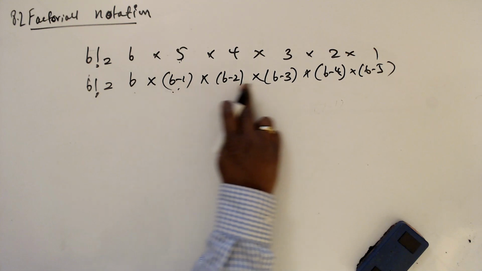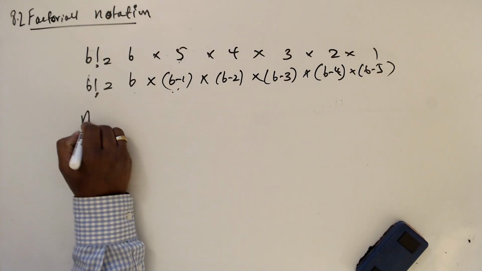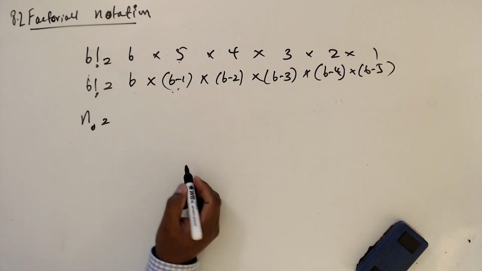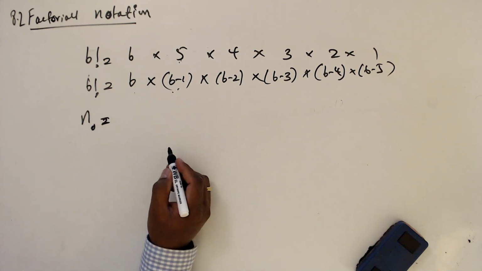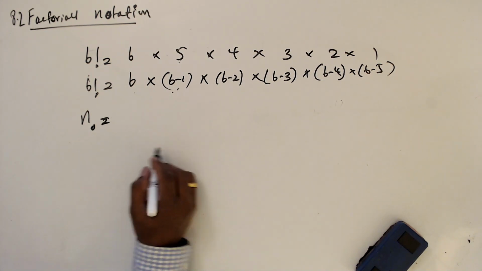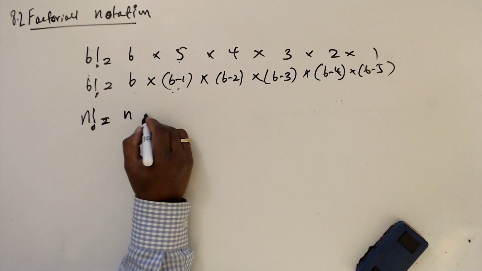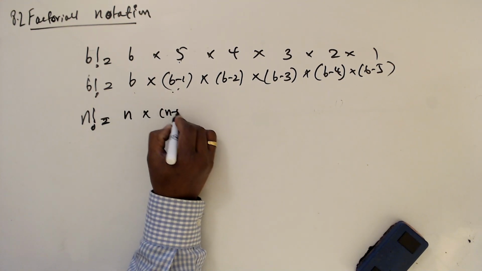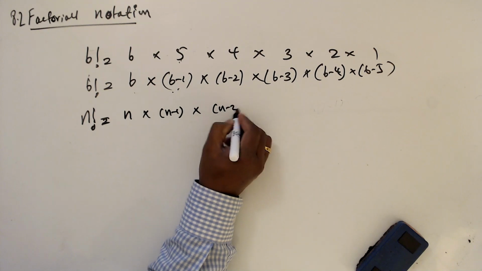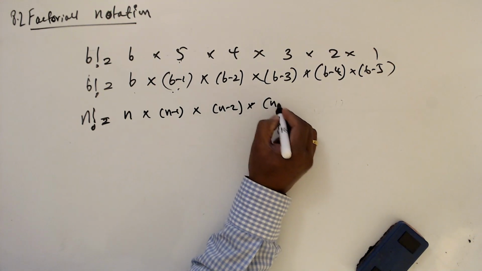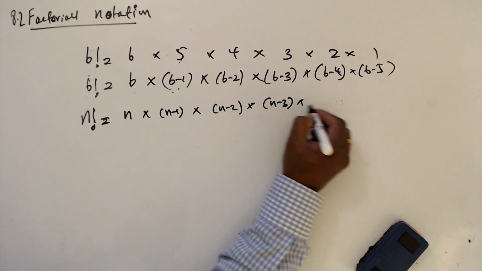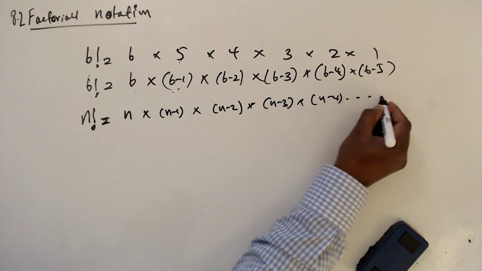This method is very important when you write factorial n, because for factorial n there's no number. In that case, what we can write is n times n minus 1, n minus 2, n minus 3, n minus 4, likewise up to 1.